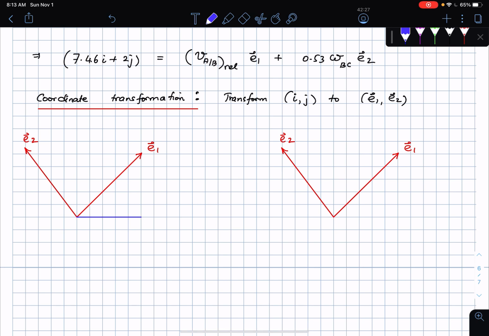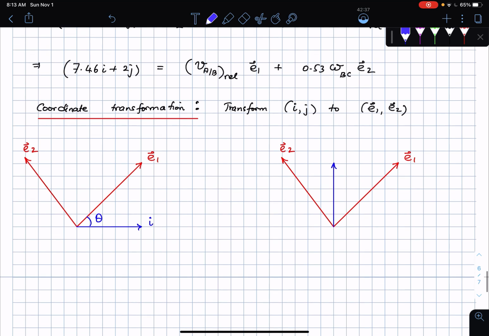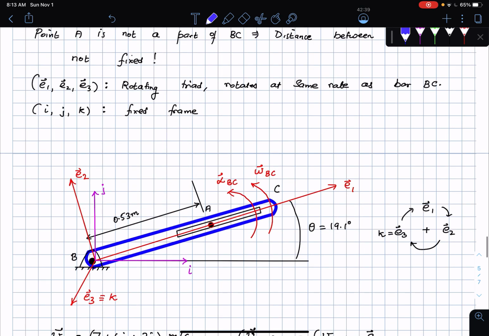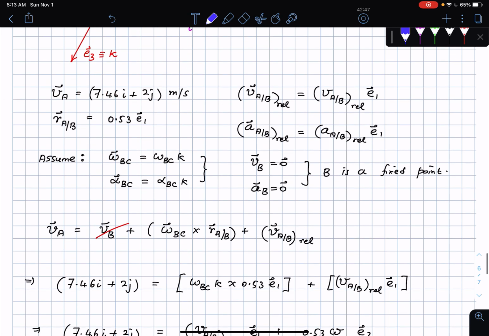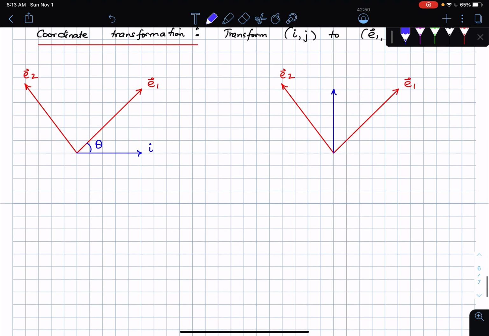This angle here is theta, and then here is my j direction. If this angle here is theta, then this angle here is also theta, because i and j are 90 minus theta. So this is going to be my j unit vector.